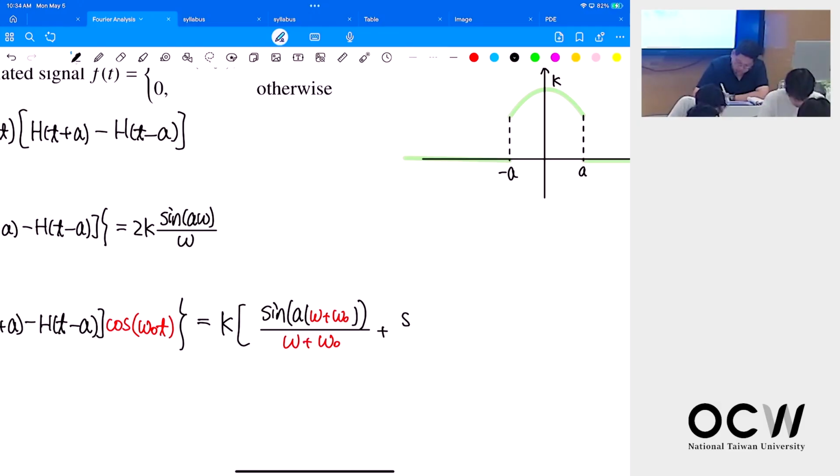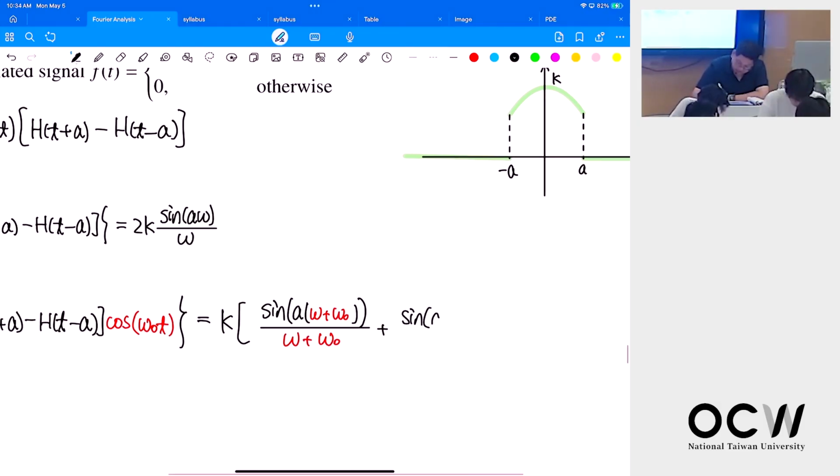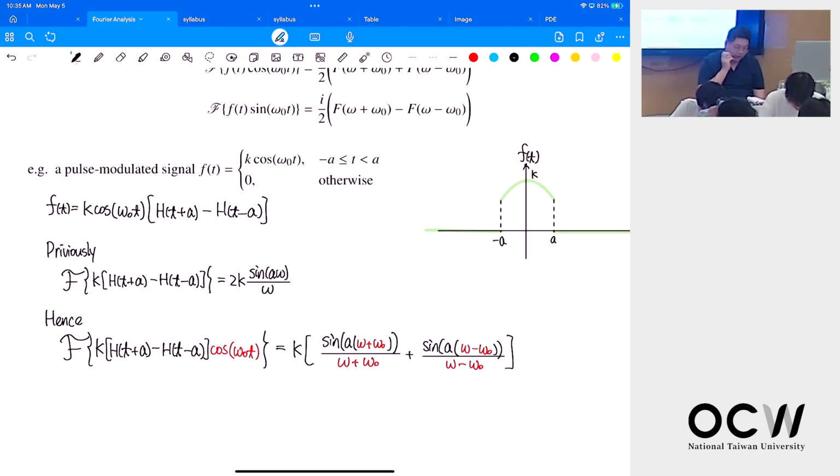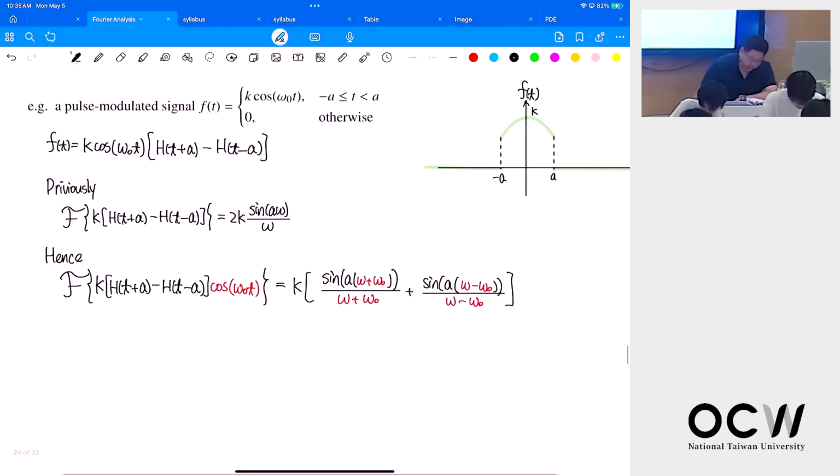And then shift to the right. Why and how do I know that they will shift to the right and shift to the left if I multiply by cosine? Let's see the Fourier transform of a cosine function.